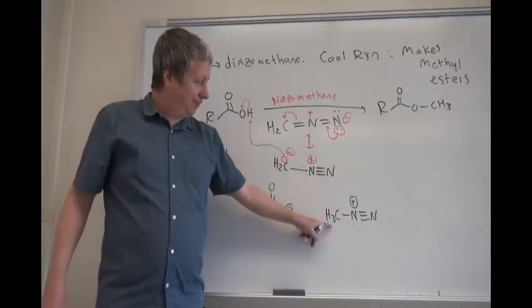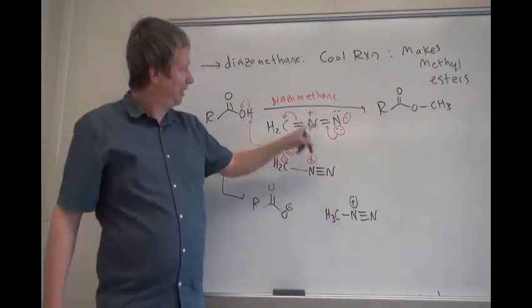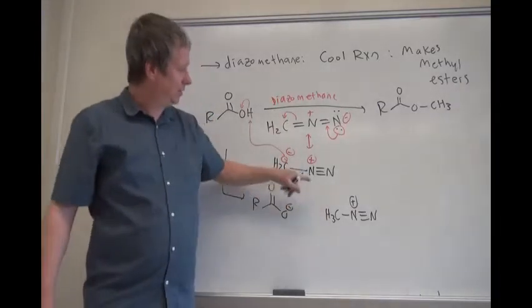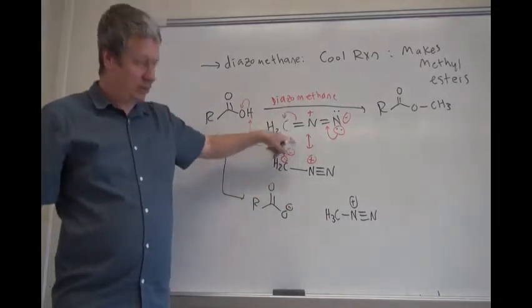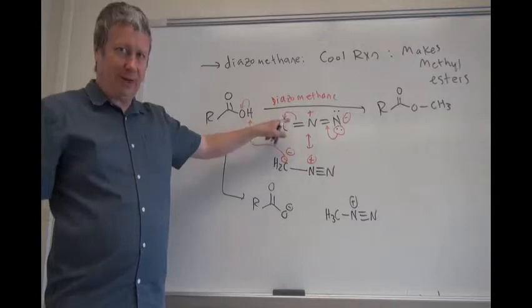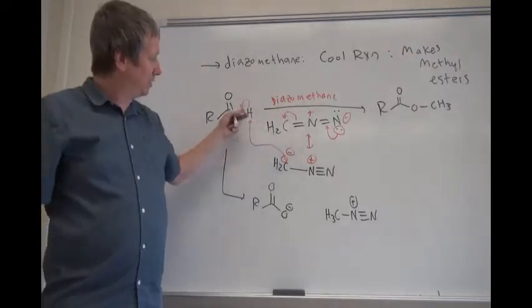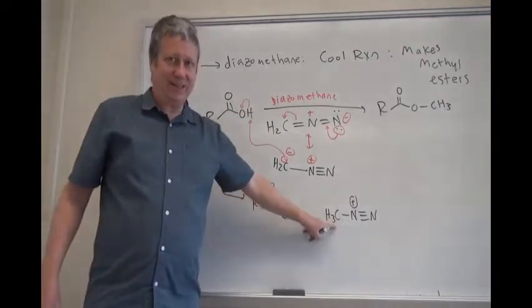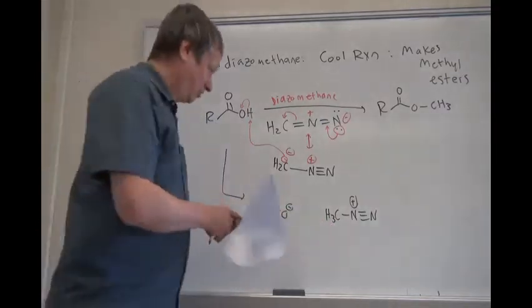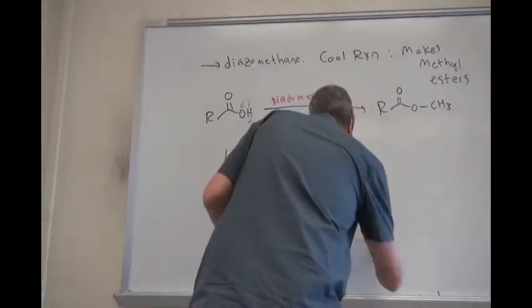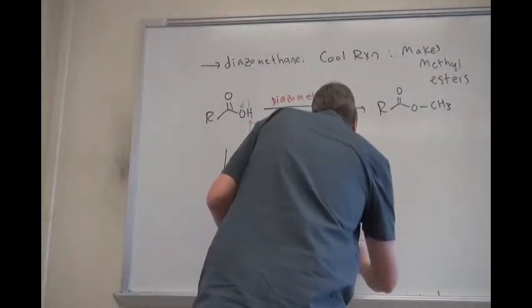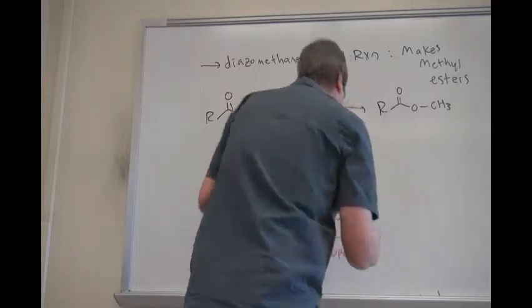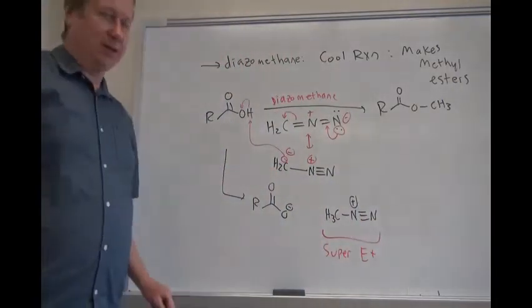It's diazomethane, but with an extra proton on it. So diazomethane is this stuff. And when diazomethane grabs a proton, it makes this. This is the super electrophile. Super electrophilic thing, all right?